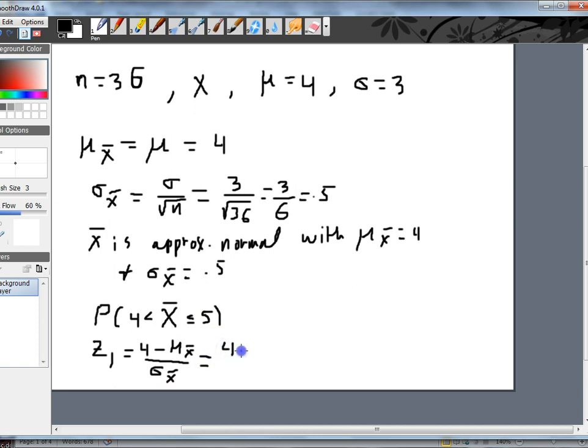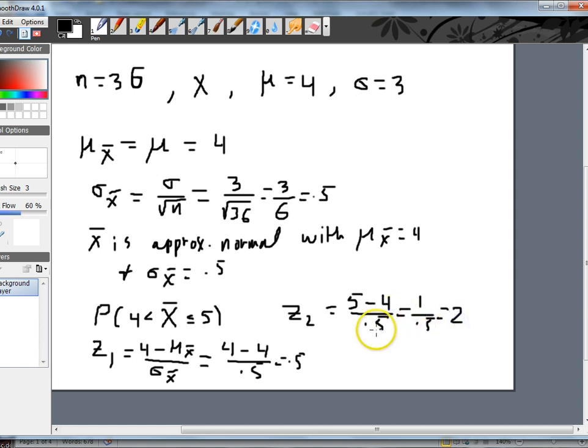So that's going to be 4 minus 4 over 0.5, so that would be 0, and z2 is the z-score of 5, so that's going to be 5 minus 4 over 0.5, which is equal to 1 over 0.5 or 2.